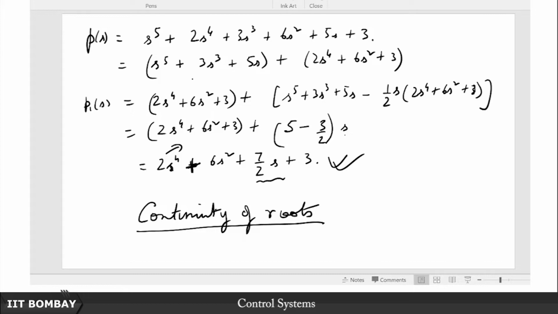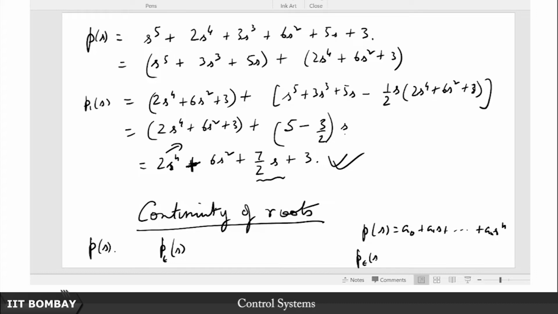But what we still can say is that if you make very small changes in these coefficients, in other words, if you have P(s) and P epsilon(s), where P(s) is given by a0 plus a1 s plus dot dot dot till an s to the n, and P epsilon(s) is nothing but a0 plus epsilon 0, plus a1 plus epsilon 1 s, plus dot dot dot till an plus epsilon n s to the n, okay.